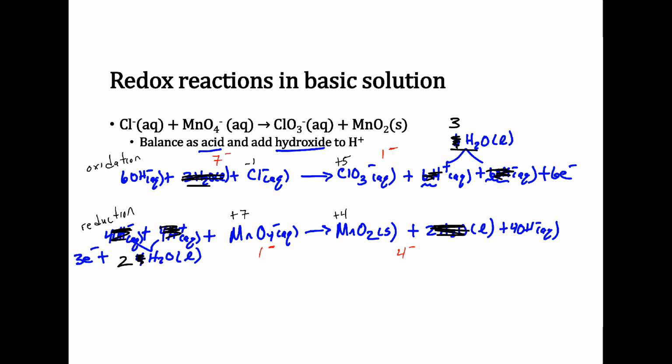So the least common multiple of 6 and 3 is 6. So what we're going to have to do is multiply this whole second reaction by 2.